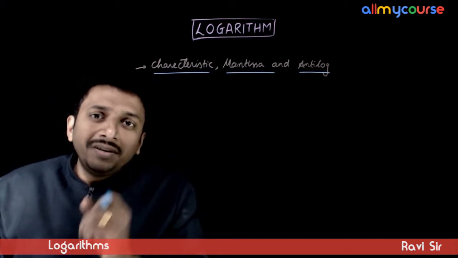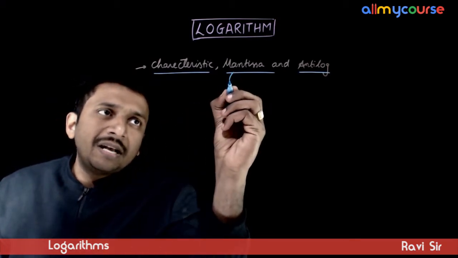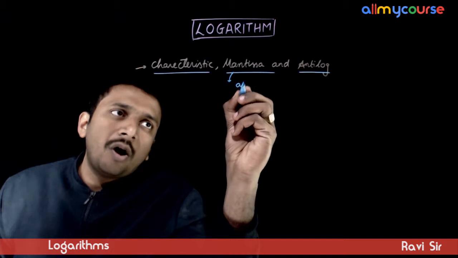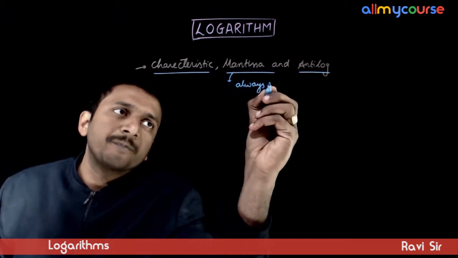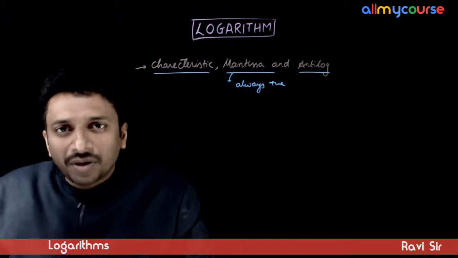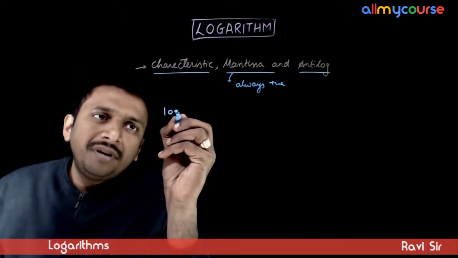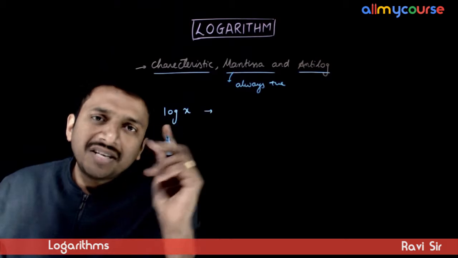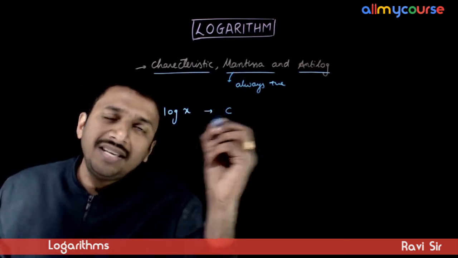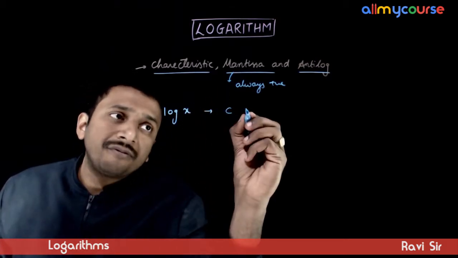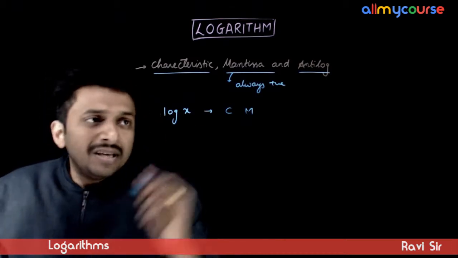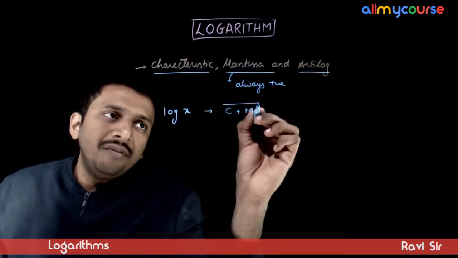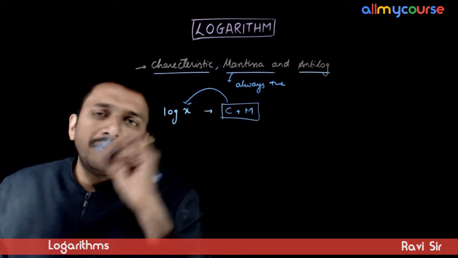And one of the important things that you need to remember is that the Mantissa of a logarithm is always positive. If you take some log x, and the characteristic of this log is c and the Mantissa of this log is m, then c plus m should give you the value of log x.